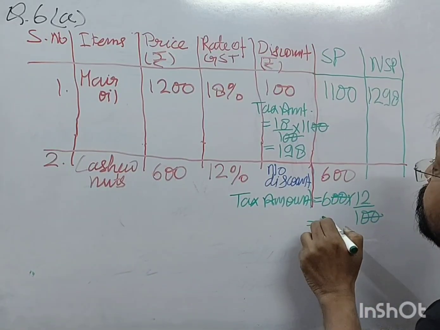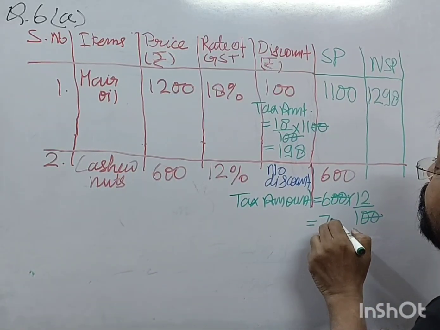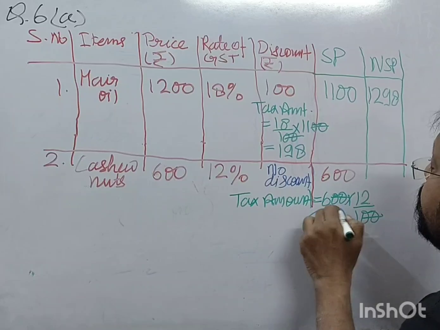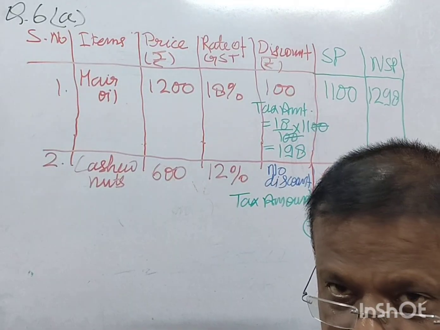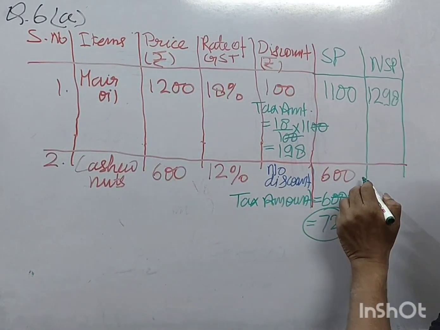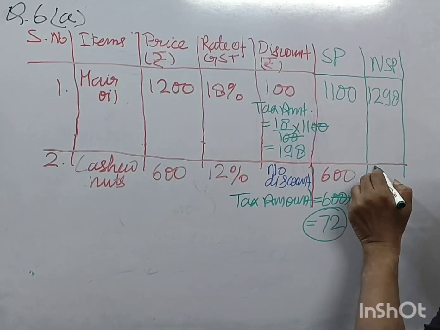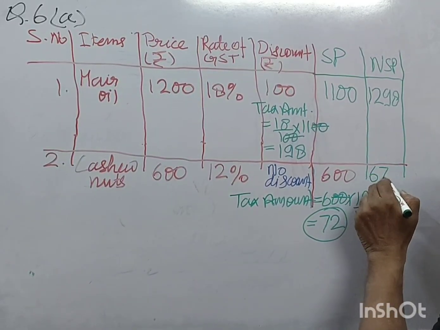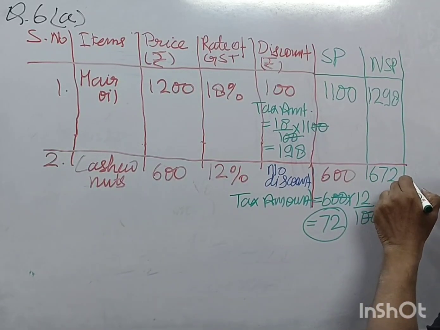It is 72 rupees. Tax amount is 72 rupees. So net SP is 672, right?